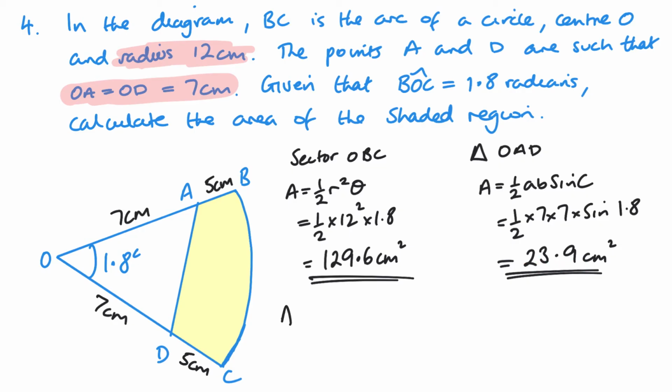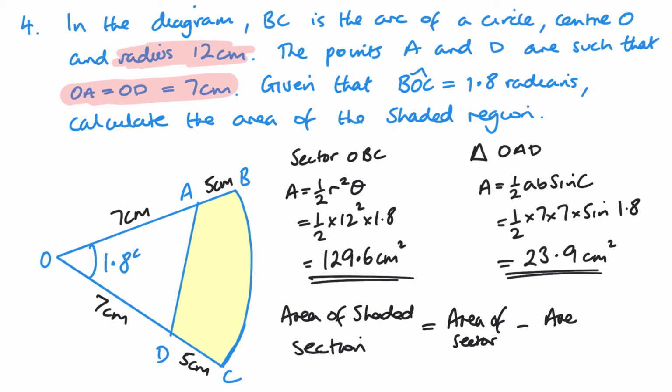Okay, so area of shaded section, and that's going to equal area of sector minus area of triangle, which in this case is 129.6 minus 23.9.